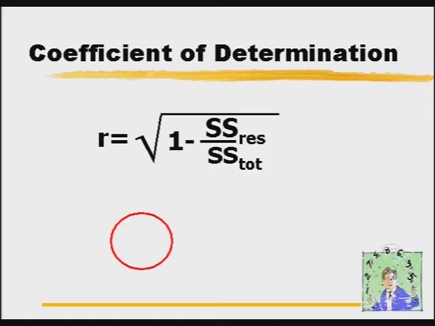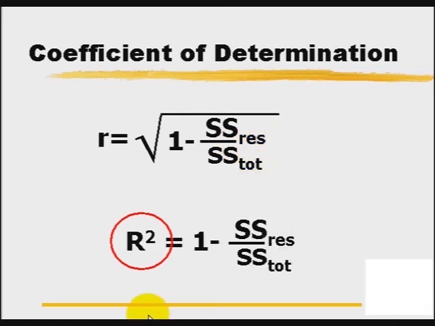Now, the coefficient of determination then is again 1 minus the residuals versus the total variation. So what we mean is that the R square is equal to 100% of the variation minus the sums of squares residual divided by the sums of squares total.